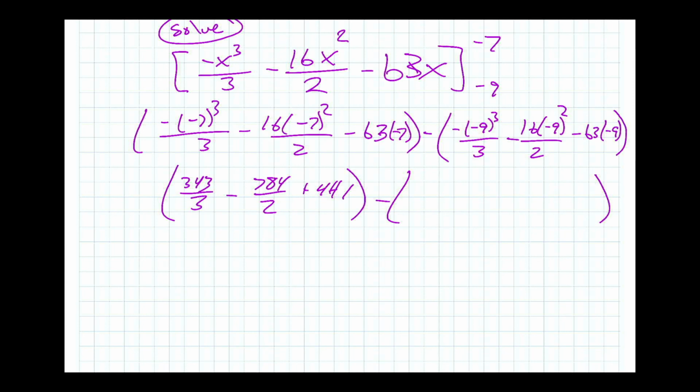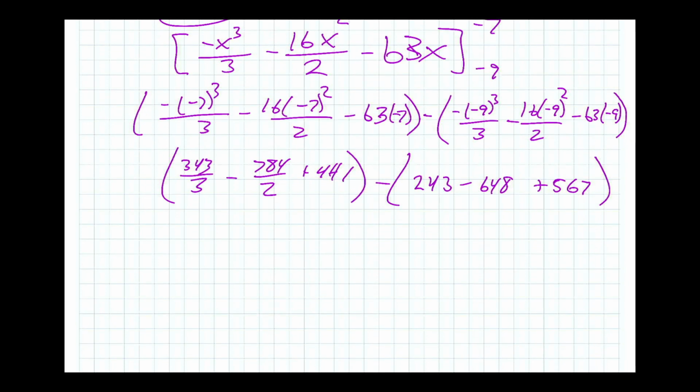So this works out to a positive 243 here. 9 squared, of course, is 81. 81 times 16 is 1296 over 2 is 648. Should that be positive or negative? Looks like negative. And then 63 times 9, 567. That's a plus.